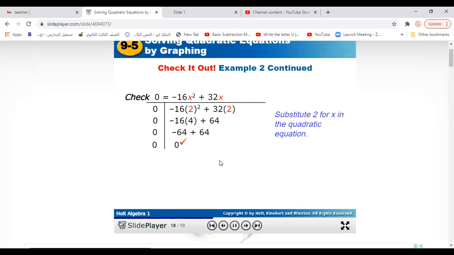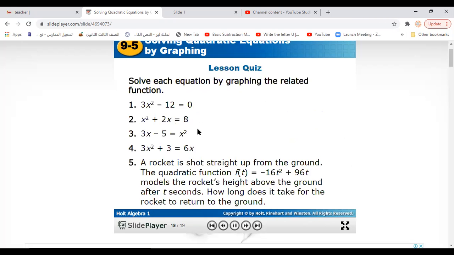If you substitute the value of 2 for x, the quadratic equation is right because it equals 0. So that was our lesson today, how we can solve a quadratic equation by graphing. We will find the axis of symmetry, then the vertex, then draw the axis of symmetry, find 2 more points by substituting values of x on one side of the axis of symmetry, and then reflect the points and draw the parabola.